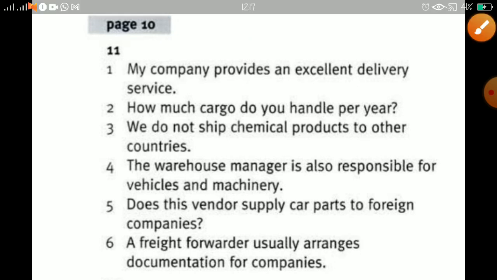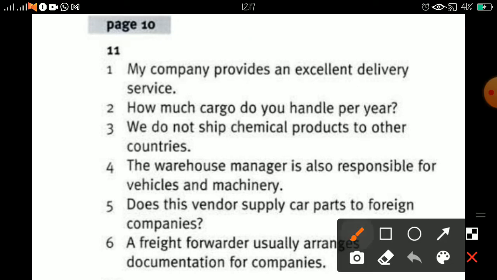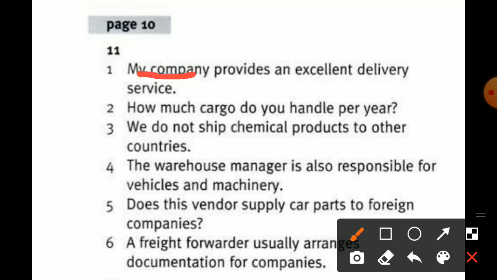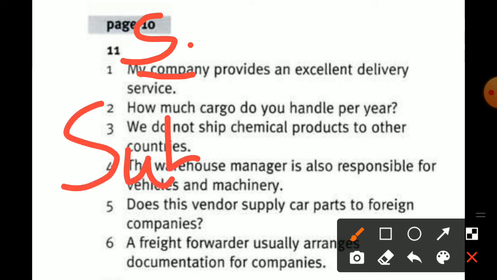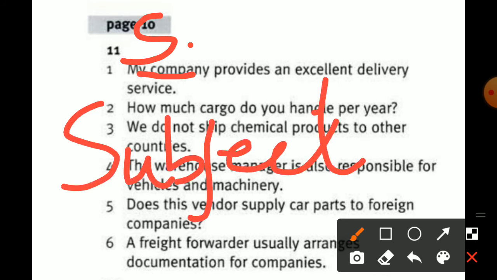Let me write the short form. My company, I'm going to shorten to S, which is the subject.